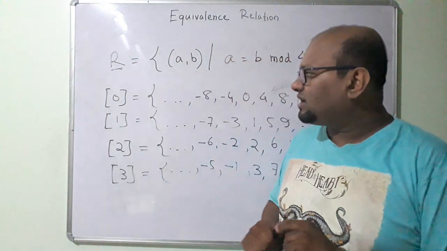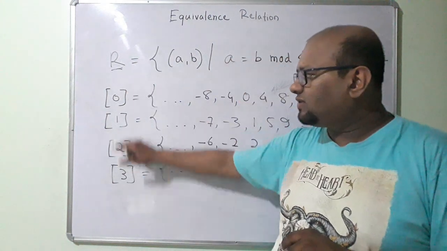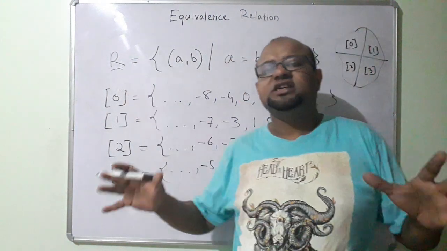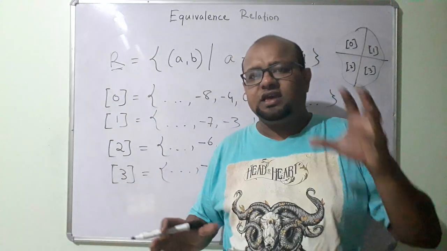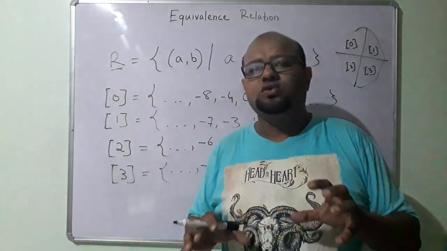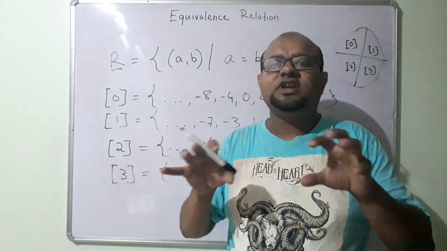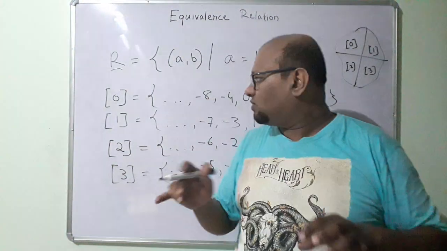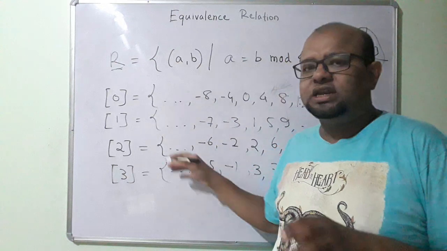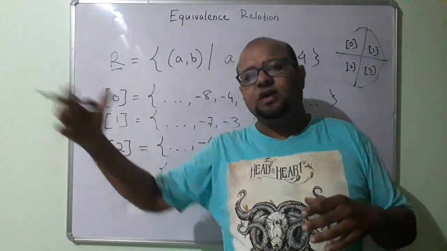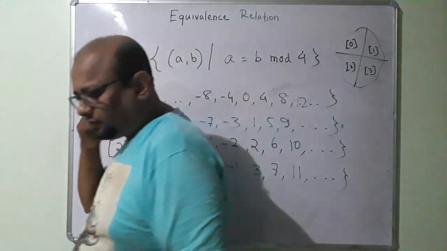All these different equivalence classes will divide my entire set into different subsets, and these subsets will not have any common element between them. They will all be disjoint, and when I union them, I will get back my original set.